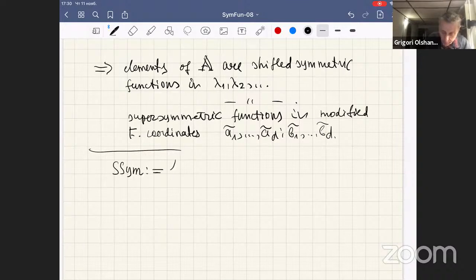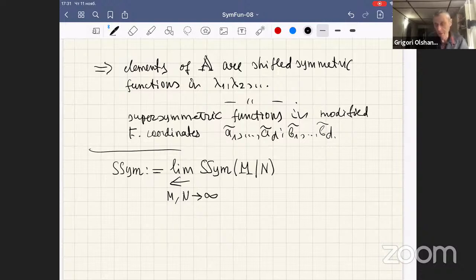It can be defined again as a projective limit in the category of graded algebras. We can take the algebras of supersymmetric polynomials in m and n variables, and here we have a double limit. One can take m equal to n, it does not matter.